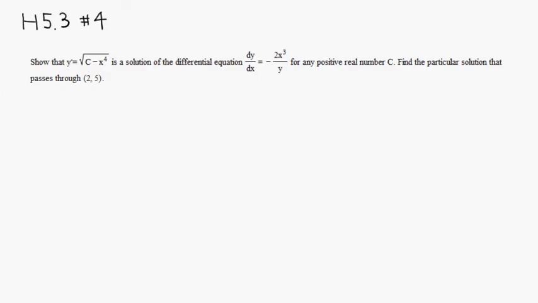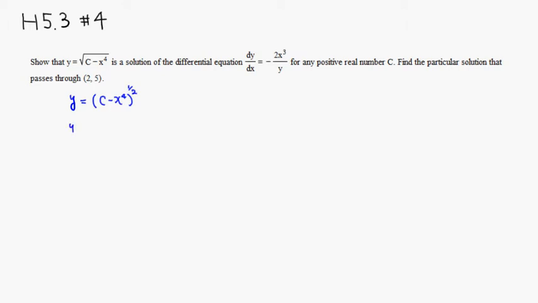Here, I don't like the way it's written because there's a square root there. So I'm going to rewrite y equals quantity c minus x to the fourth, to the 1/2 power, since the square root is equivalent to the 1/2 power.